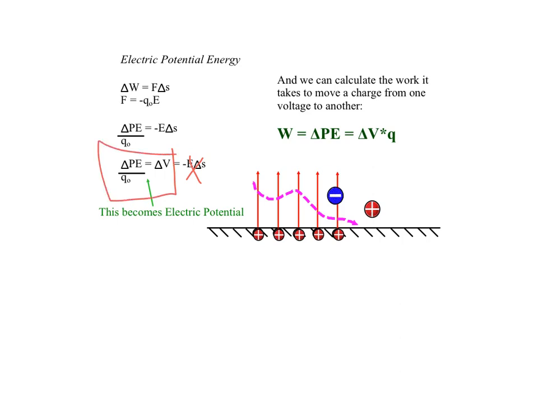Now we've got a definition for electric potential, we've got a definition for voltage. Because we've already got all these different equations, all these laws like conservation of energy and work as change in energy that can include potential energy, we just write this in a little bit different form. This is really old stuff.